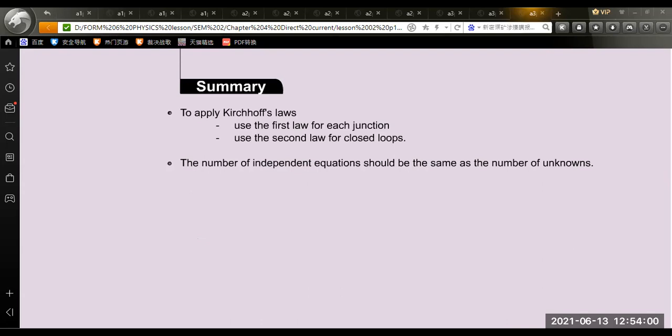Try to solve the questions first, and after that, check the answer. Mostly in the exam, they will ask us to solve Kirchhoff law questions.